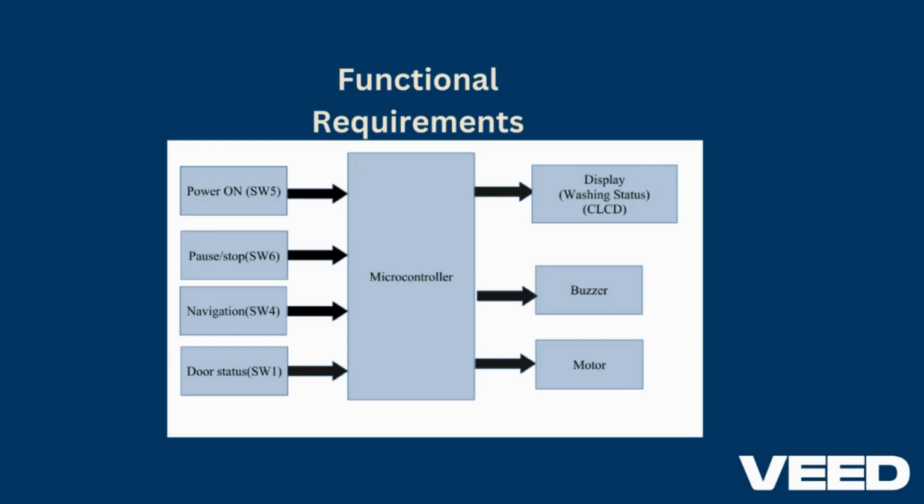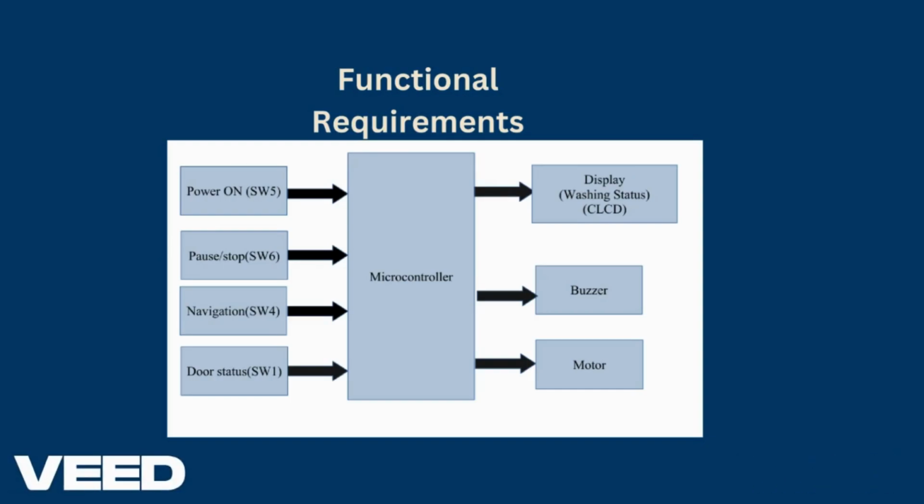Then the switches. As a washing machine, the first step is to turn it on. That's why we are using switch 5. In some cases we have to pause the work of the machine, so in those cases we are using switch 6.